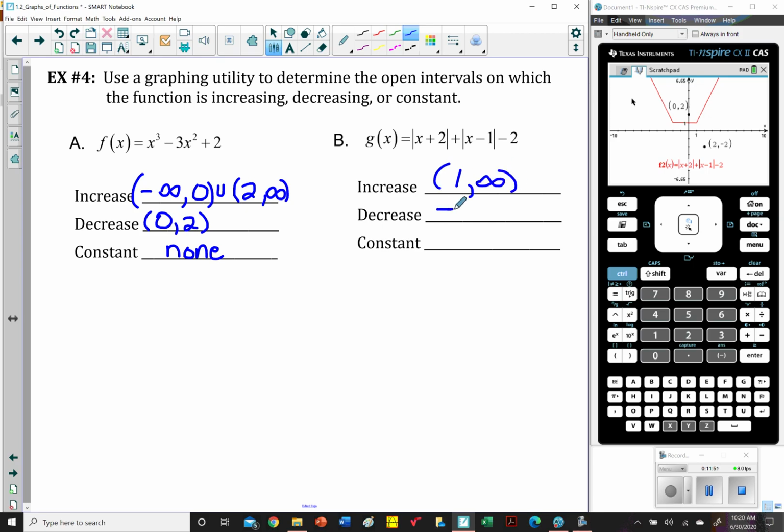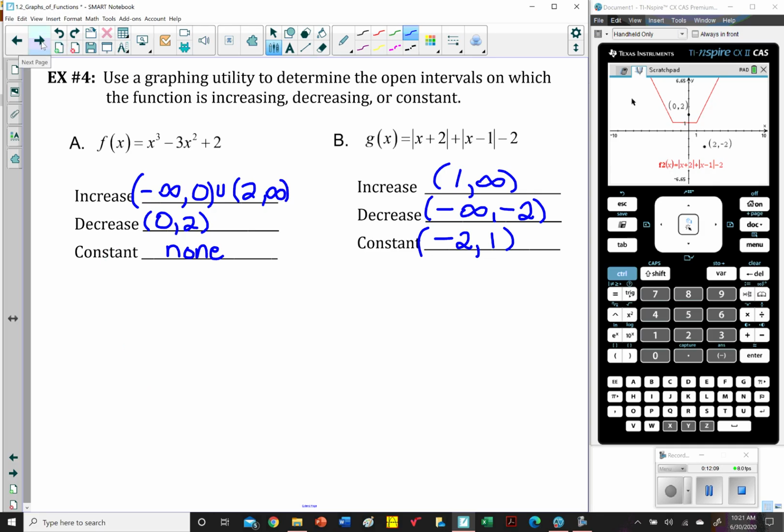The decrease is from negative infinity to -2. And the constant is in the middle there between -2 and +1. So intervals of increase and decrease.